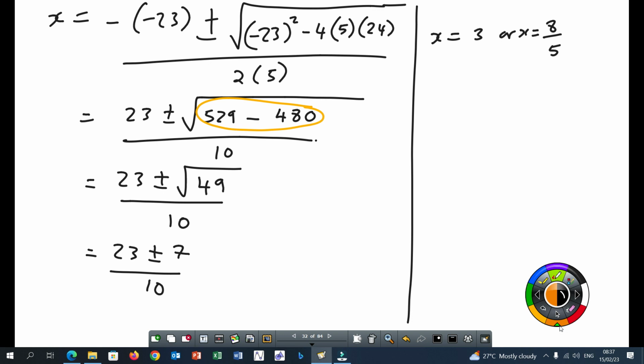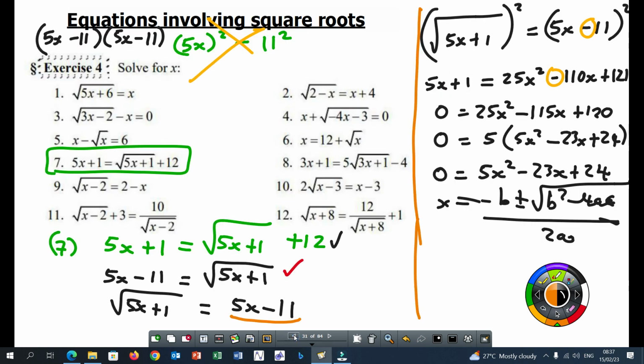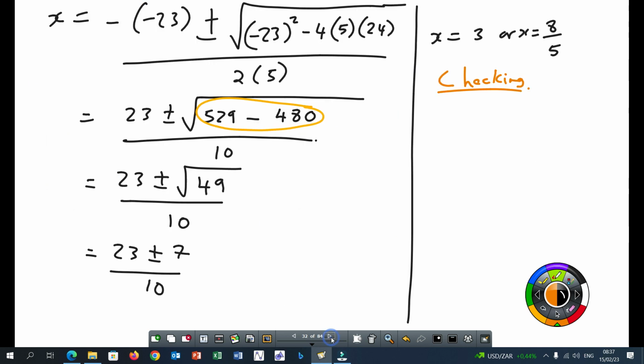Are you following here? Okay, so let's start with x equal to 3. So if I put x equal to 3 there, I'll get 15 plus 1, which is 16. Okay, so I can put my 16 there.